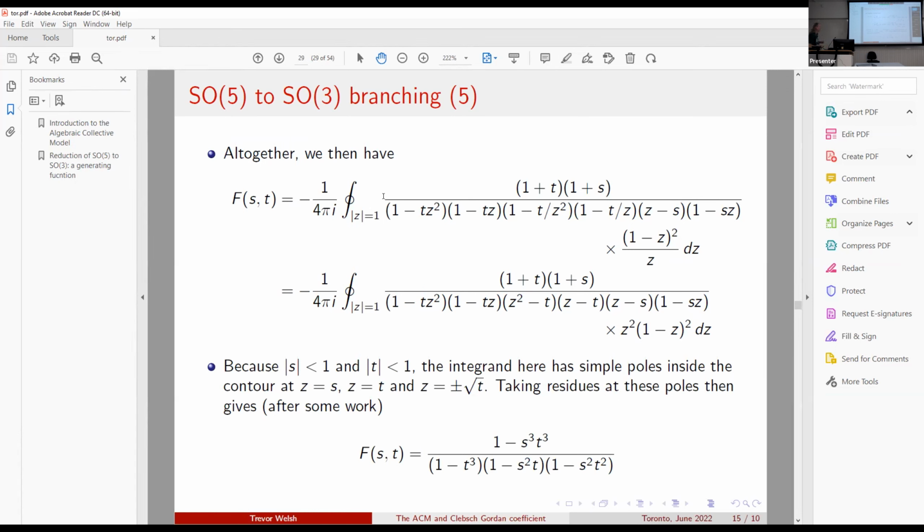So now we use the fact that the moduli of s and t are less than or equal to 1. And we can see that inside the unit circle, inside this contour, there are poles at z equal to s, z equal to t, and z equal to plus or minus t. Taking residues of these poles then gives, after a bit of algebraic work, this very nice expression.